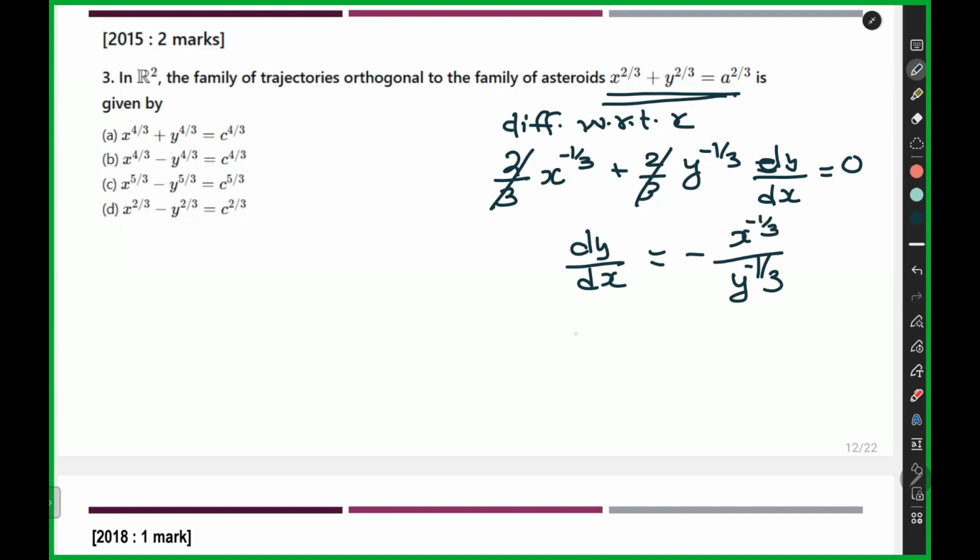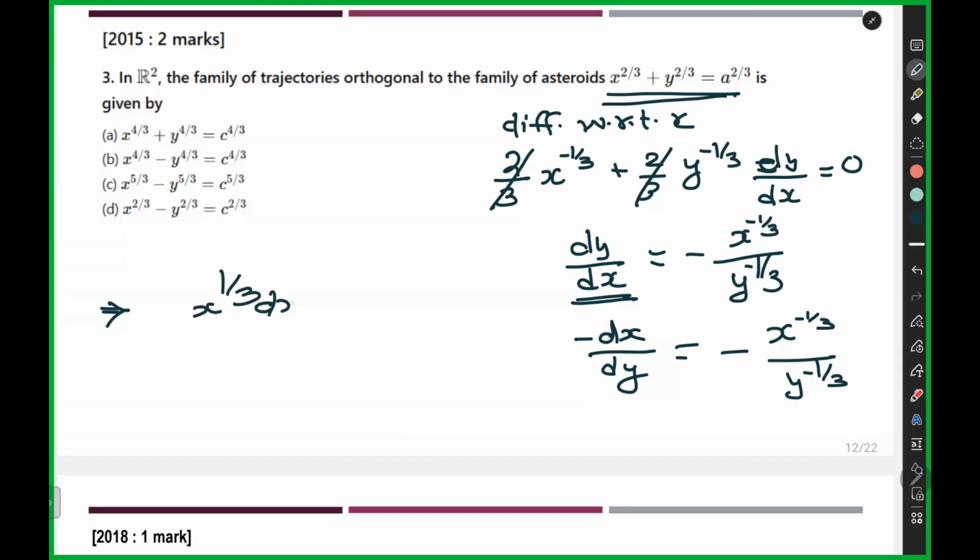Now you have to replace dy by dx by minus dx upon dy, which gives minus x to the power minus 1 by 3 upon y to the power minus 1 by 3. So it becomes x to the power 1 by 3 dx equals y to the power 1 by 3 dy.